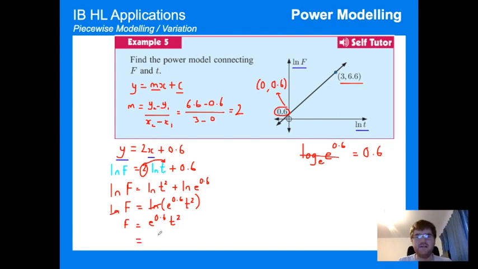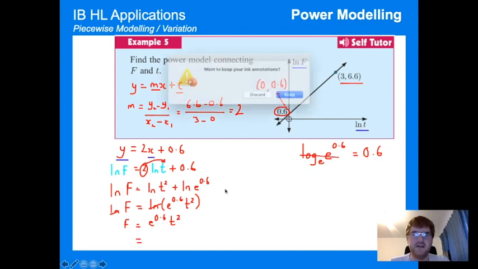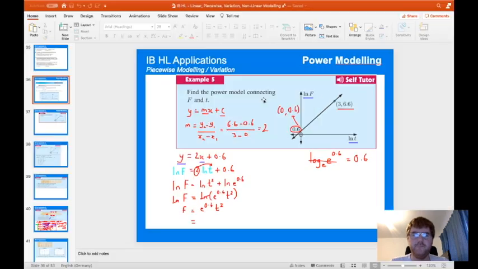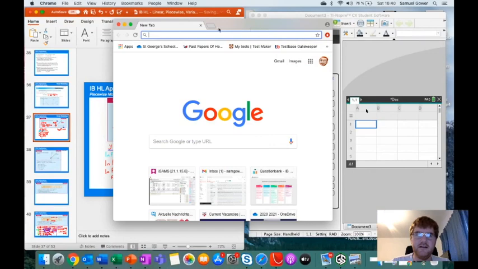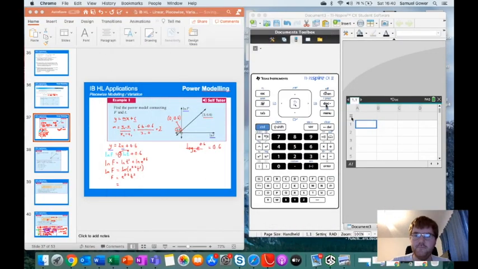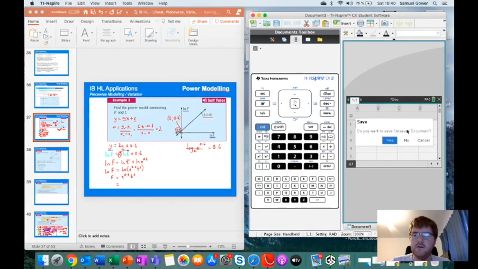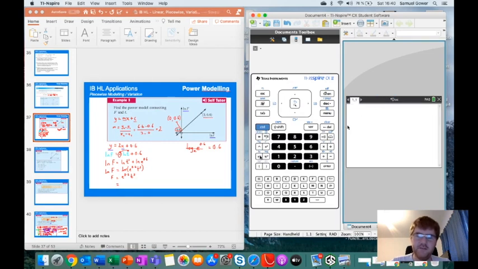This is where our calculator comes in. We can work out e to the power of 0.6. If I go to my calculator, normal scratch pad, the e button is down here, a convenient button. We type it in and we generate 1.82.